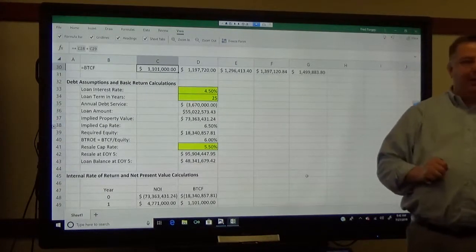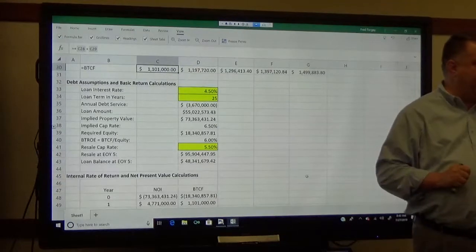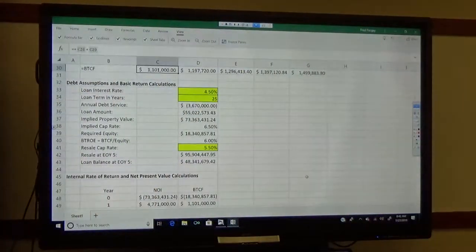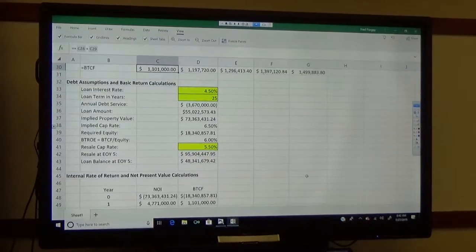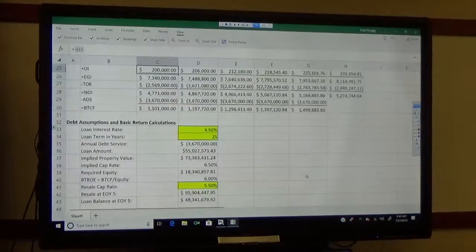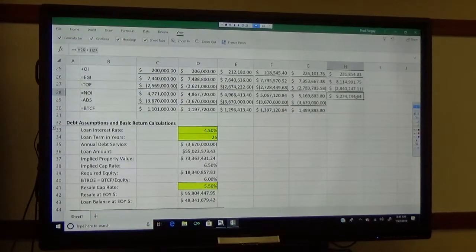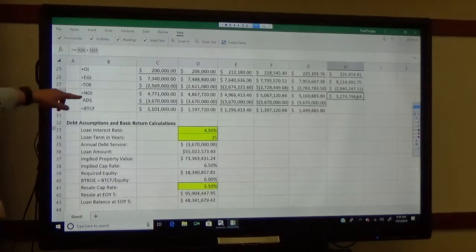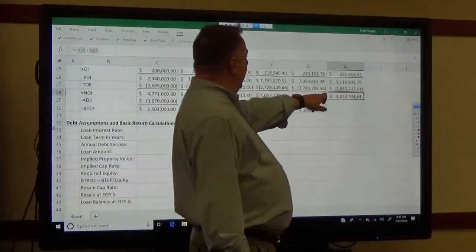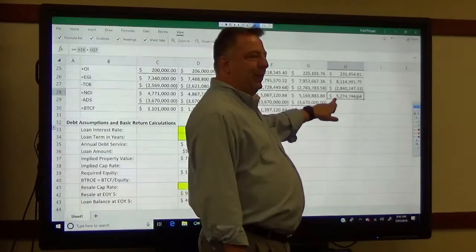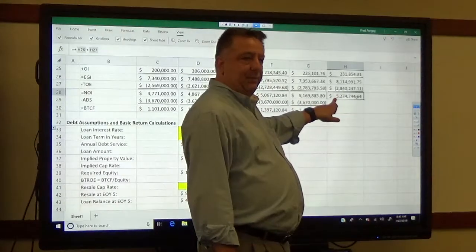Now I can calculate a return based on that. Okay? So that is why the spreadsheet goes all the way out to year 6 in terms of your NOI calculation. All right? And the purpose for that is so now we can calculate the value of the property using the resale cap rate. Does that make sense?